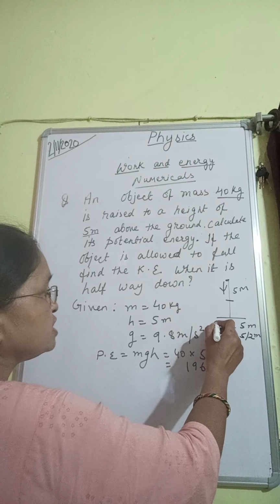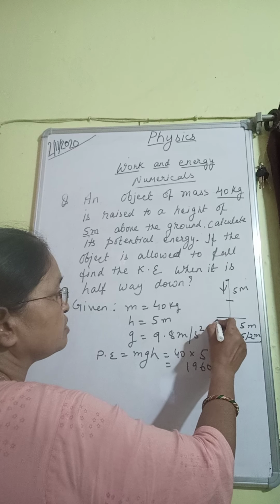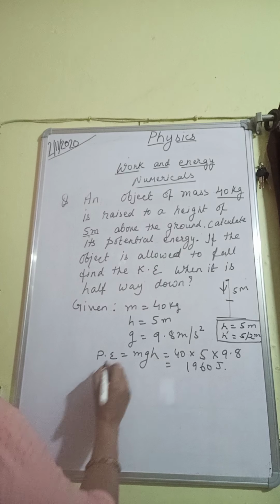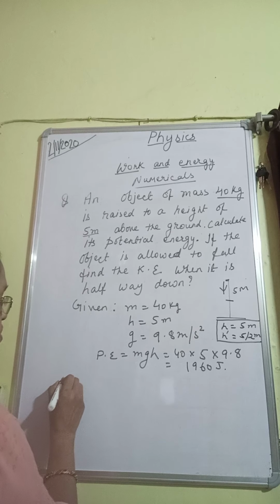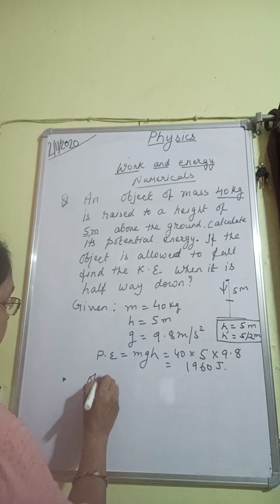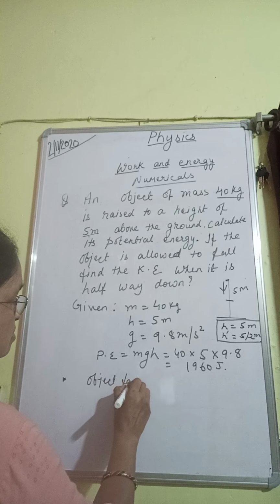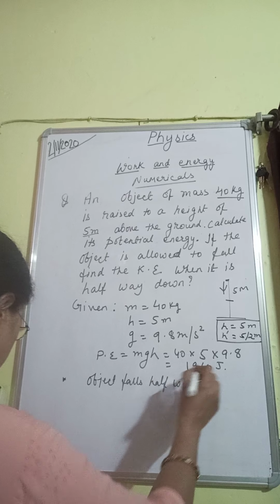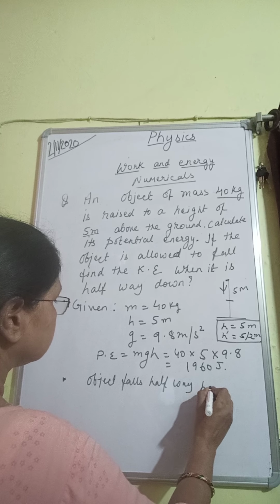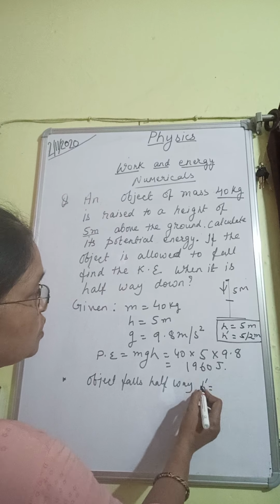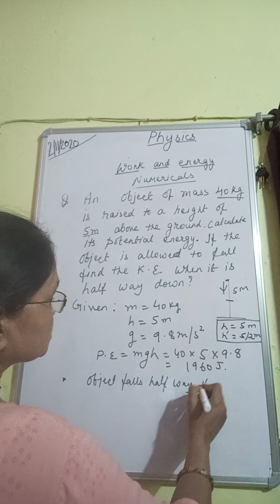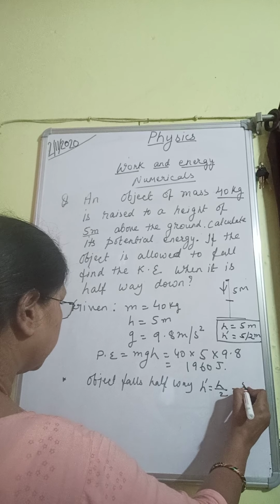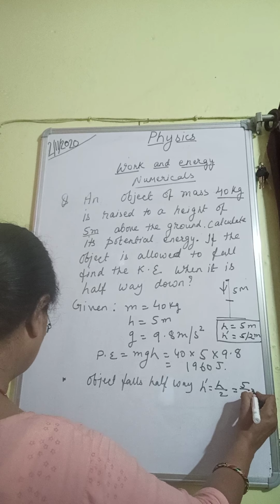So I think you have understood for which case we have to calculate its kinetic energy. Object falls halfway. So we can write h dash is h by 2, that is 5 by 2 meter, taking the new height from downwards.